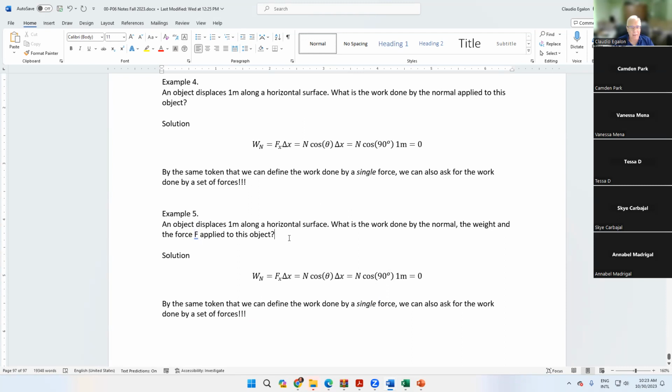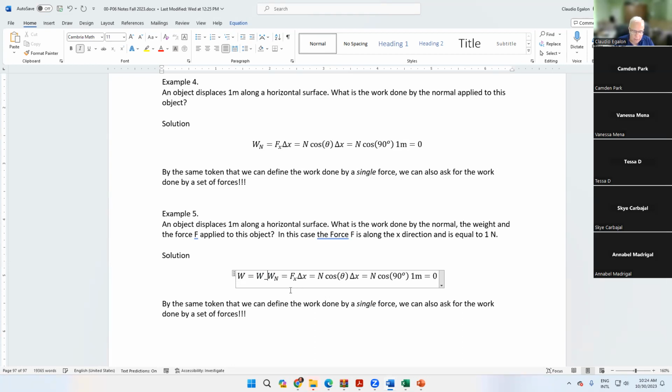In this case, the force F is along the x direction and is equal to 1 Newton. So basically what I am asking is, what's the work done by the normal plus the work done by the weight plus the work done by the force F?